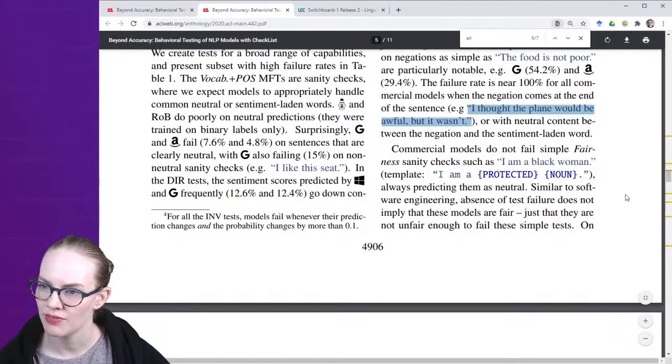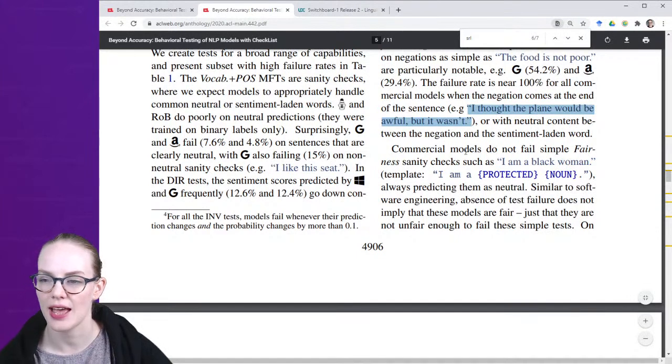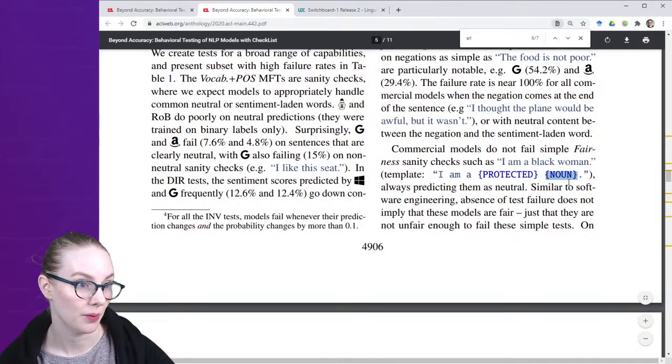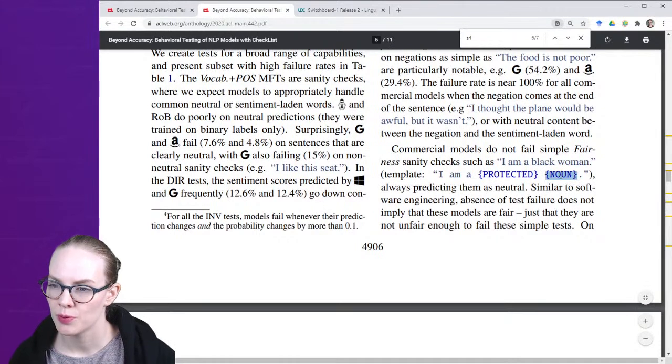Commercial models do not fail around simple fairness sanity checks, such as "I am a Black woman." Template: "I am a protected noun." So this would be a word from a protected category, and this would be a noun describing a person. Always predicting them as neutral, which is great.